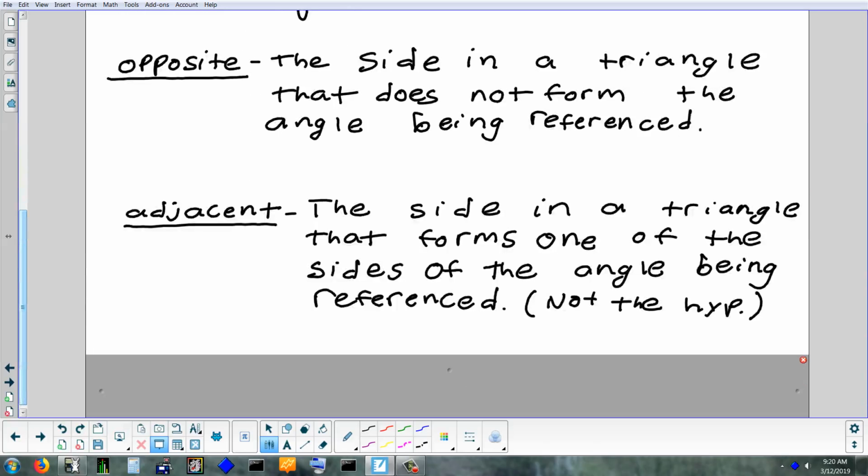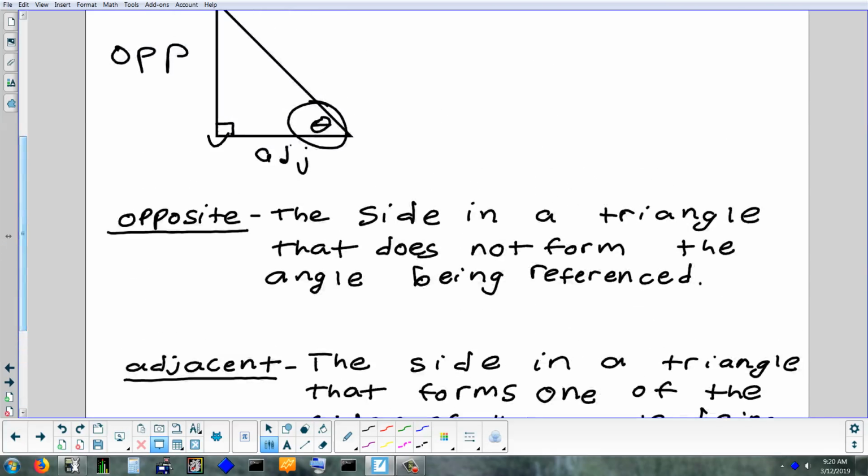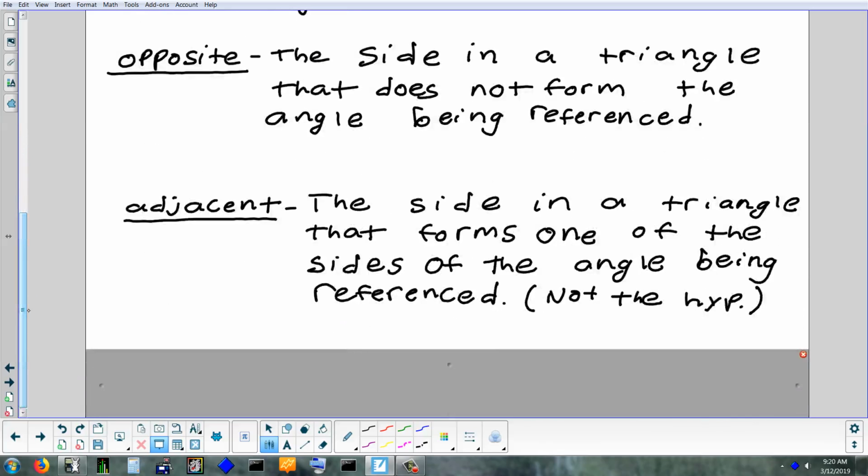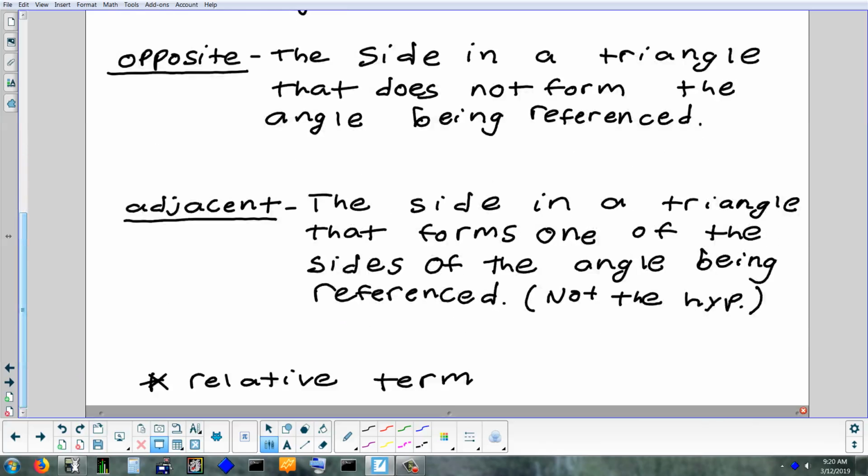If you got rid of the adjacent, you wouldn't have the angle you're talking about anymore. Just imagine getting rid of this bottom side. There's no angle where I circled theta anymore. It just lost one of its sides. And again, I already explained that opposite and adjacent are relative terms. They're from the perspective of an angle.